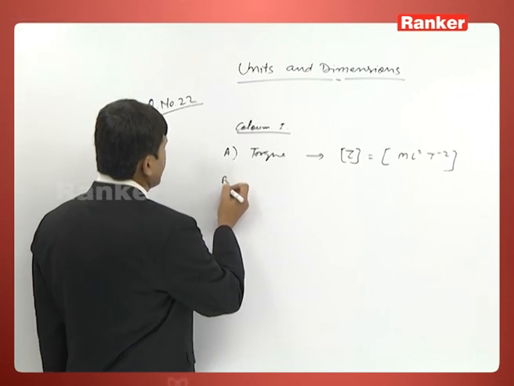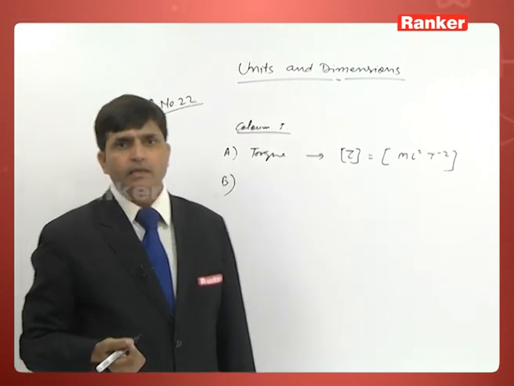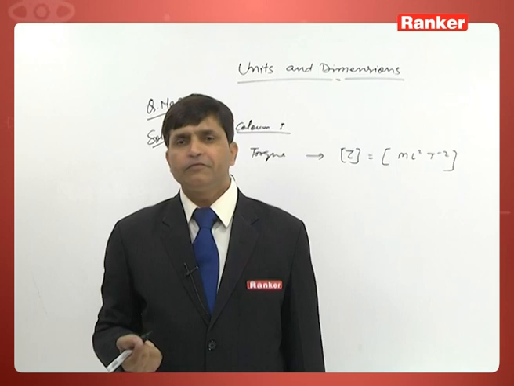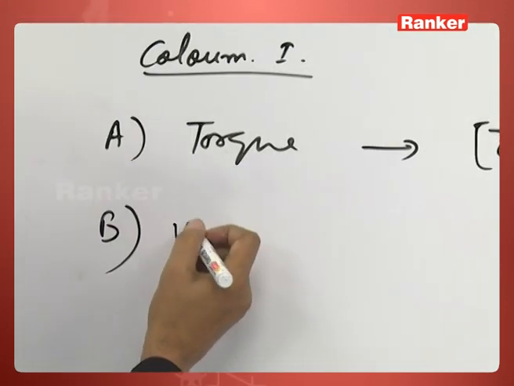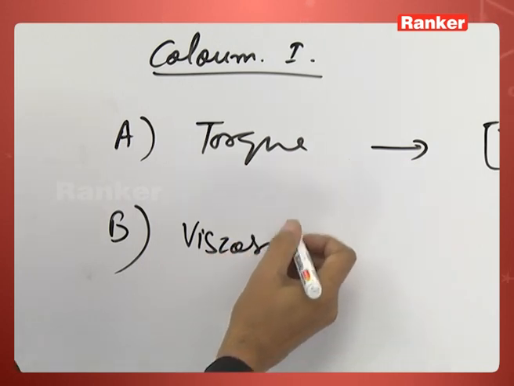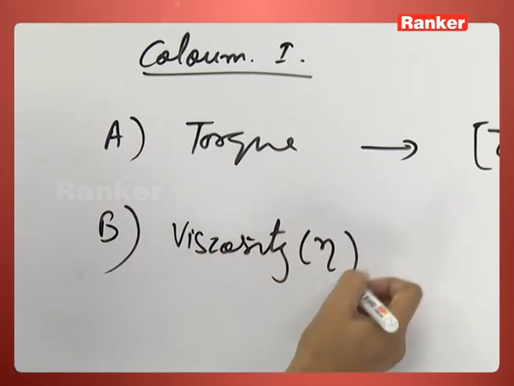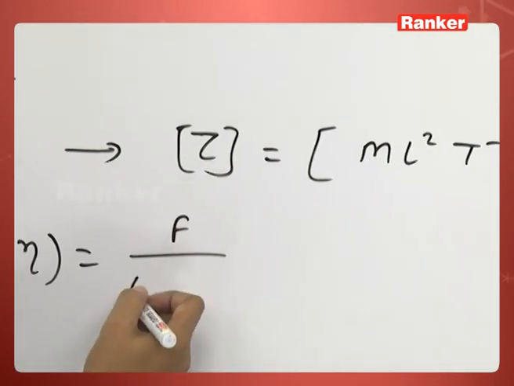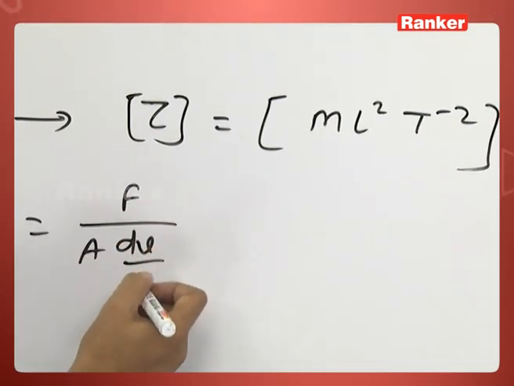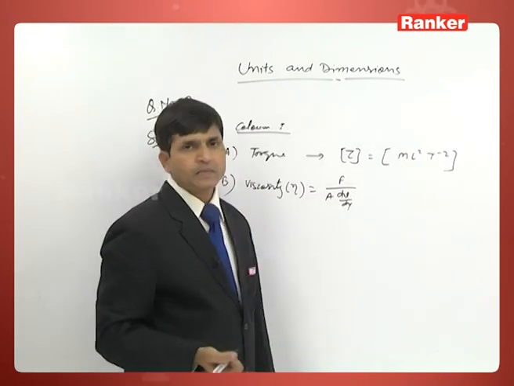Similarly, if we look at the next point, the coefficient of viscosity eta, or viscosity eta, is nothing but F by area into dV by dy.